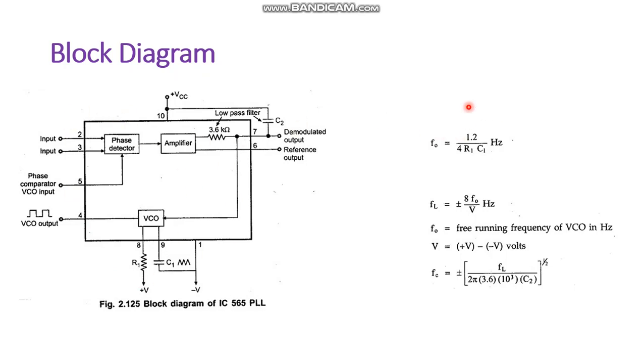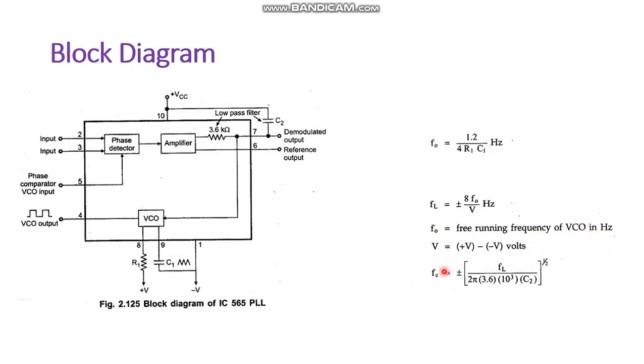Now the free running frequency is given by 1.2 upon 4 times R1 and C1. These external resistor and capacitor decide the free running frequency. The locking range is given by plus minus 8 FO by V, where V is the supply voltage difference, plus V minus minus V, so it is the peak to peak supply voltage, and FO is the free running frequency of the VCO.